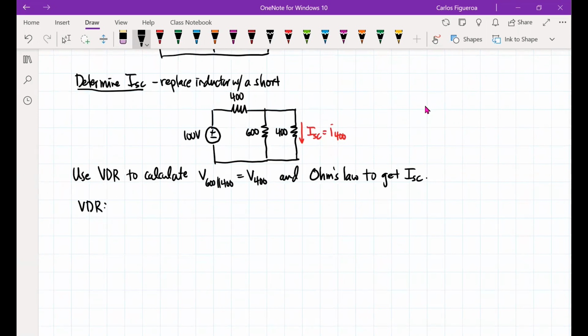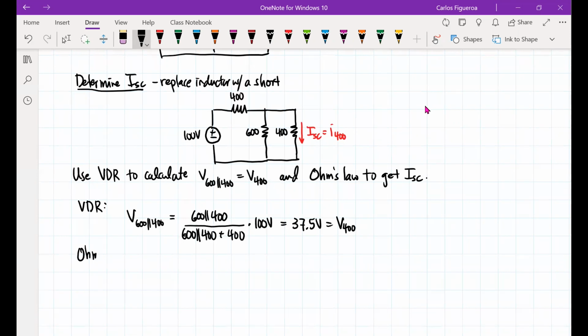The voltage divider rule tells me that if I want the voltage across the 600 parallel to the 400, this is the same as the sum of the series resistors divided into the resistor that I want, times my voltage of 100 volts. If I calculate this, I get 37.5 volts. And this is the voltage of the 400, since they're in parallel.